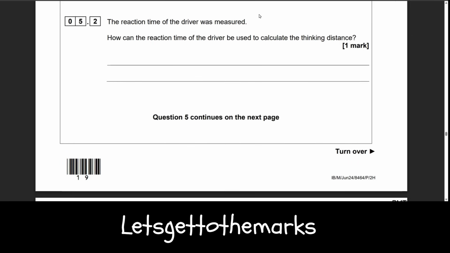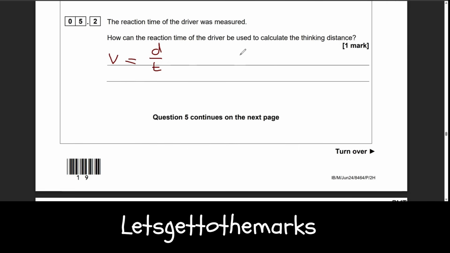The reaction time of the driver was measured. How can the reaction time of the driver be used to calculate the thinking distance? Well, we know the velocity, and velocity or speed equals distance divided by time.